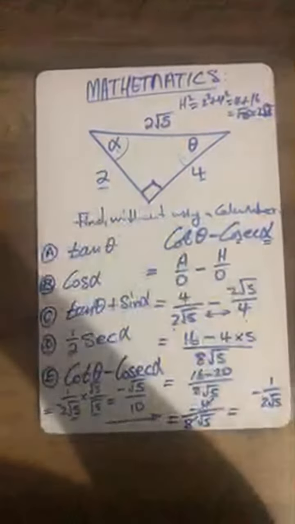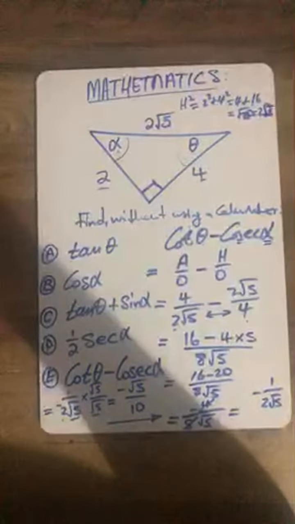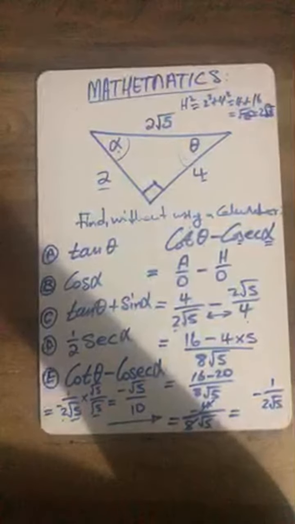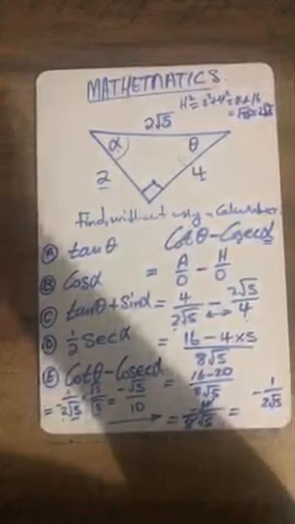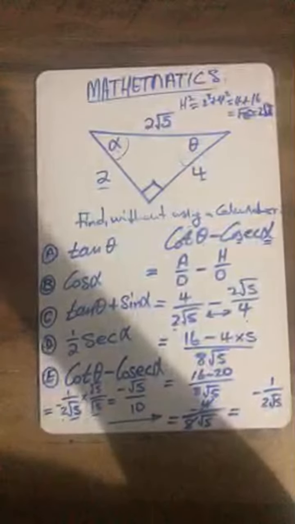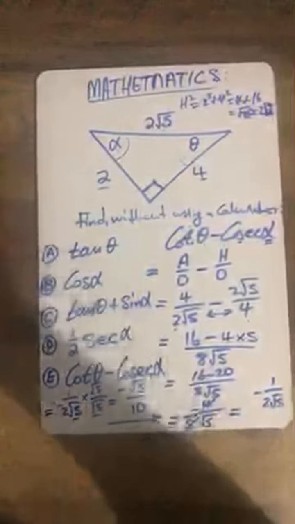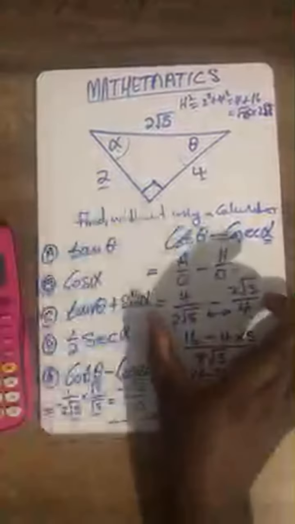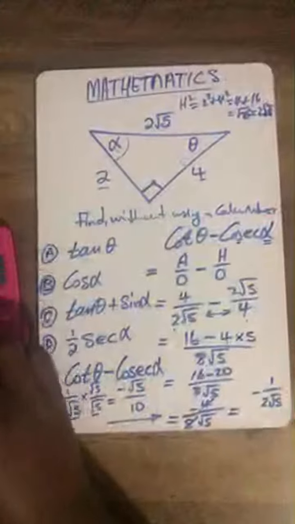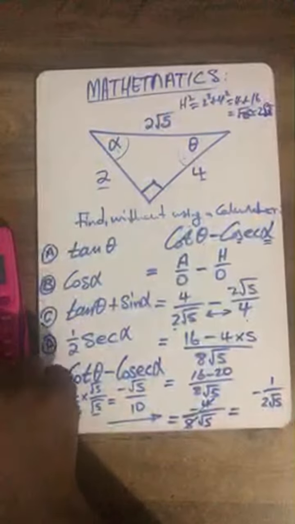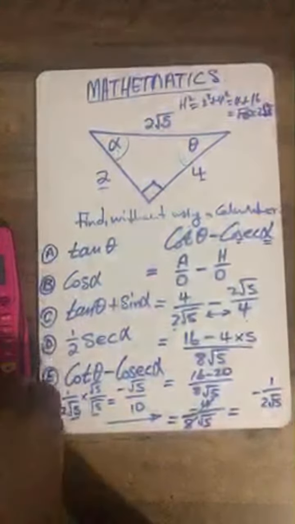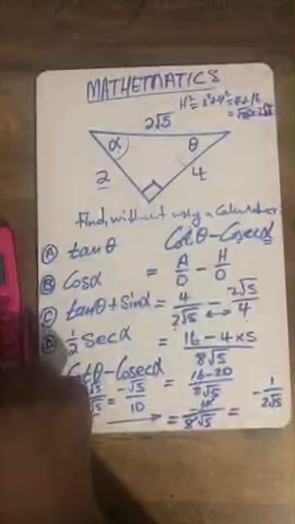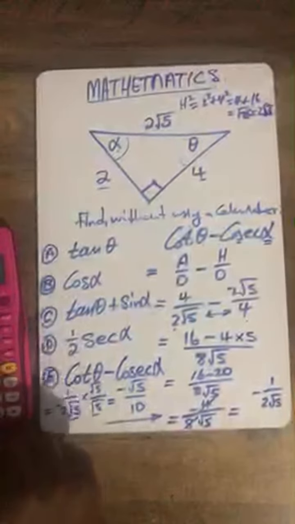Okay, so now let's see. If someone says negative square root of 10 over 2, square root of 5 over 10. Okay, let me try to punch all of this and check what I am going to get. You only do this if you want to test if your final answer is correct.